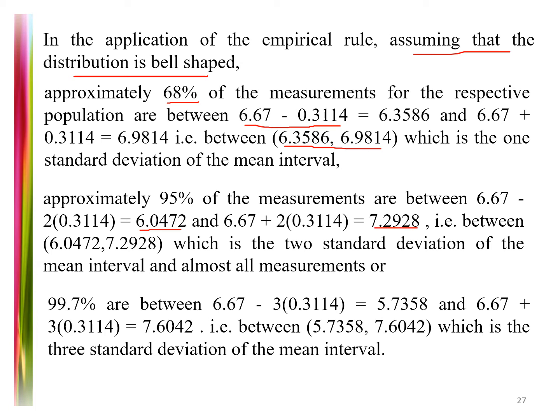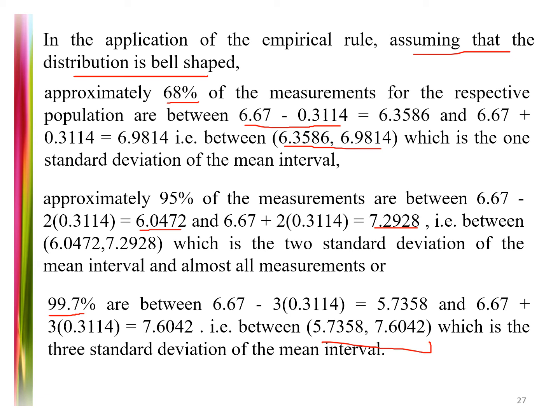So we can say 95% of the data lies between 6.0472 and 7.2928. Similarly, 99.7% of the data for the three standard deviation limit should be in the interval 5.73 and 7.6042. Alright, this is a simple application of the empirical rule.